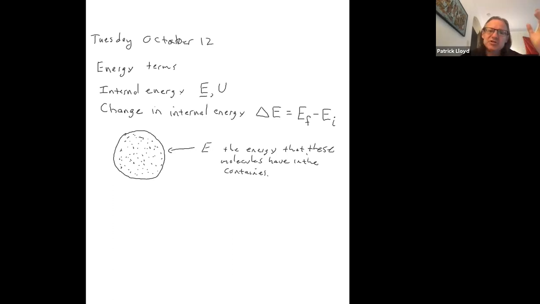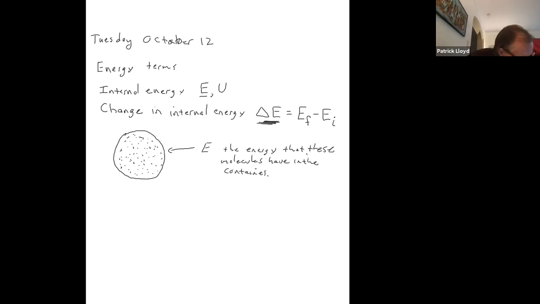If we somehow put energy into this gas, the gas will have more energy, so we would have a change in energy. Or we could withdraw energy from the gas, and again you would have a change in energy.